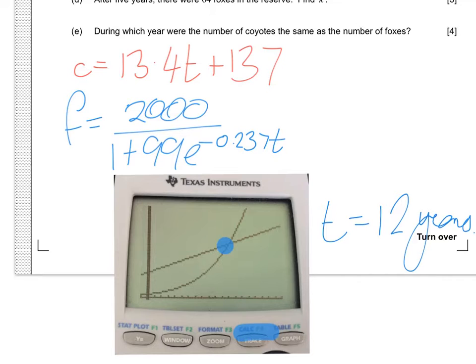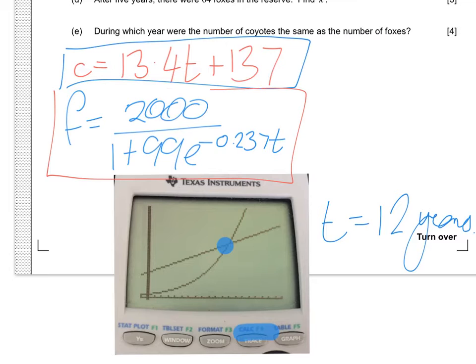This was an example where the first part, part A, and the penultimate part, part D, tie together so that you can answer the last part by using my equation from part A and my result, the 0.237 that I found in part D, in order to get my value for t in part E. So it's very important when you're answering section B questions that you think about how the parts are related, because they nearly always are.